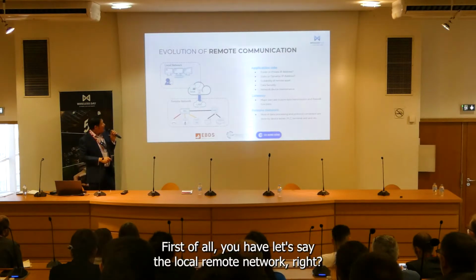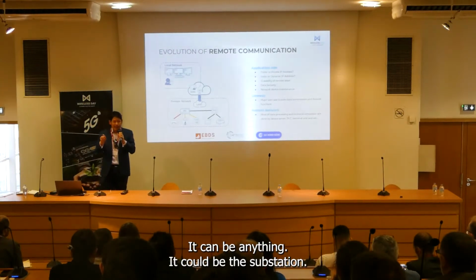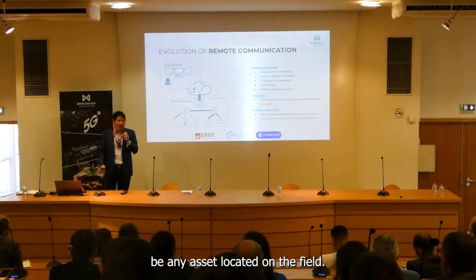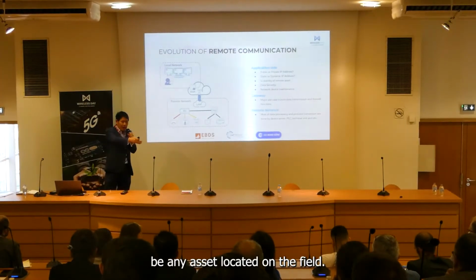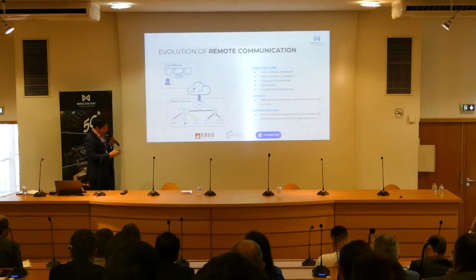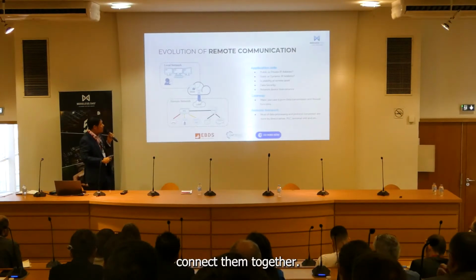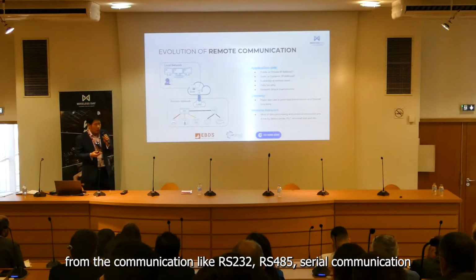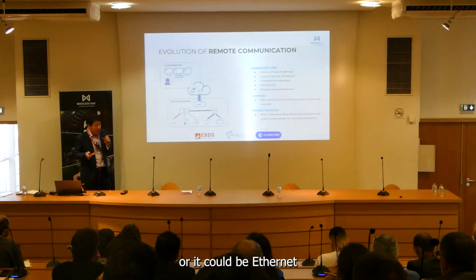First of all, you have the local or remote network. It can be anything. It could be a substation, or any asset located in the field. You have the device, and you connect them together through communication like RS-232, 422, 485 serial communications, or maybe Ethernet.